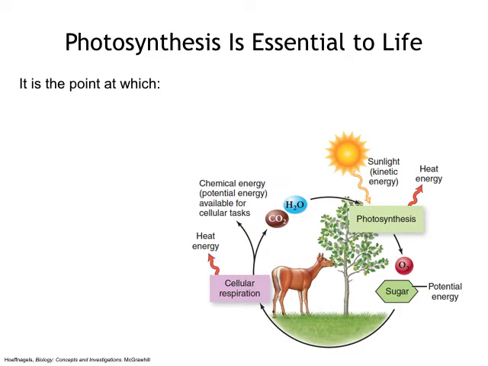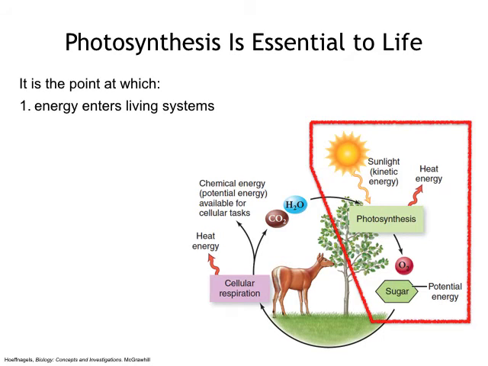So why is photosynthesis important? Photosynthesis is essential to life because it is the point at which energy enters living systems and carbon enters living systems. So here you have the little energy cycle that we looked at in the beginning of chapter 6. You have kinetic energy from the sun that enters our atmosphere, our ecosystem.